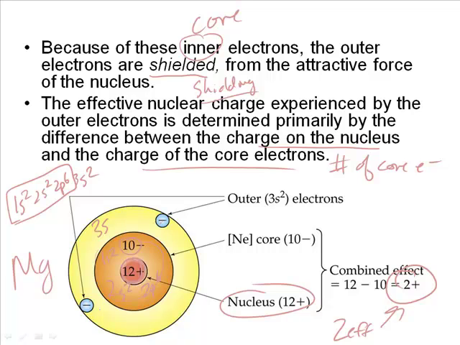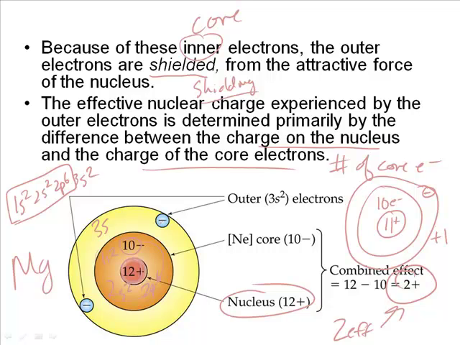Now, if we looked at, for example, instead of magnesium, if we looked at sodium, sodium would be very similar, but it would have 11 protons in the middle, and then it would still have the same number of core electrons. And so now you've got just this one electron out here. So in this case, for sodium, overall you would have an effective nuclear charge of just plus 1.